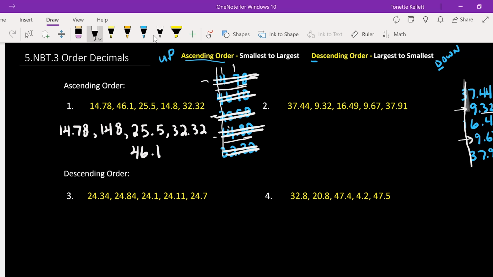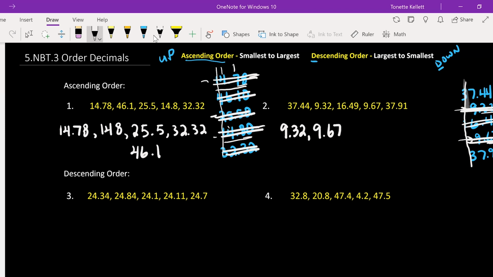Of the 9s, I have a 32 and a 67. Which of those is smaller? It would be the 32. So I'm going to put 9 and 32, cross it off. 9 and 67, cross it off. Then, looking at the next 3 that I have left, I have 37, a 16, and a 37.